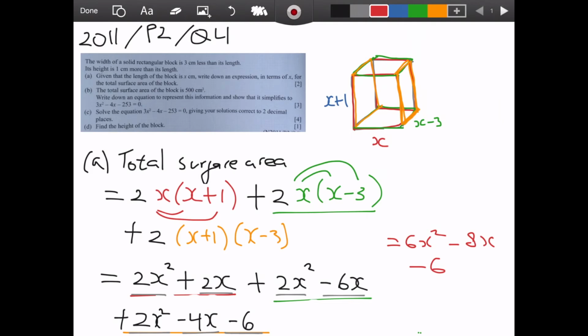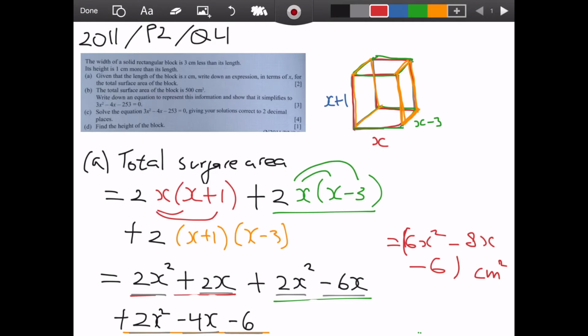So this will be the answer, 6x squared minus 8x minus 6. Remember, the question asked for the total surface area of the block, so therefore you should represent it as cm squared. You just put an open bracket, close bracket, and right here the unit cm squared.